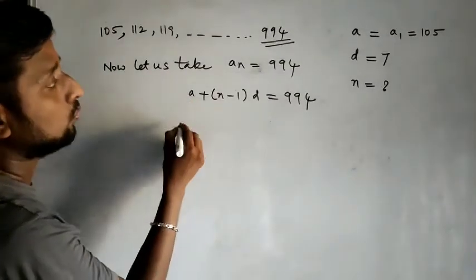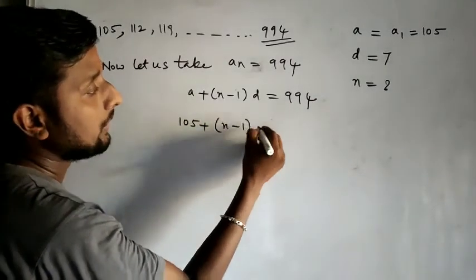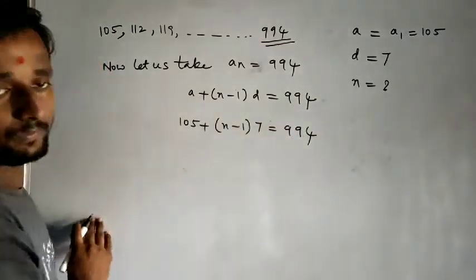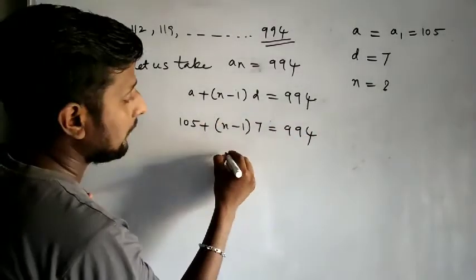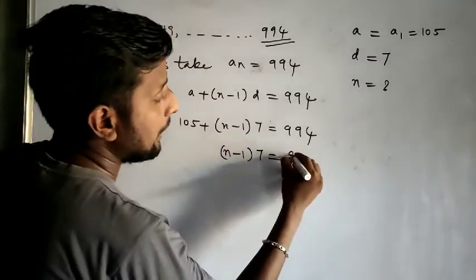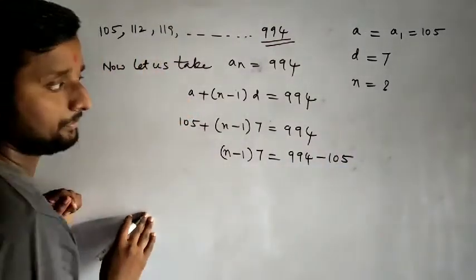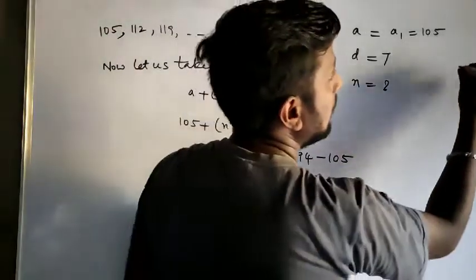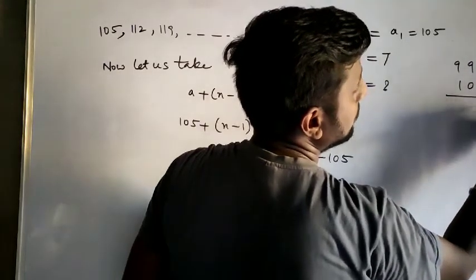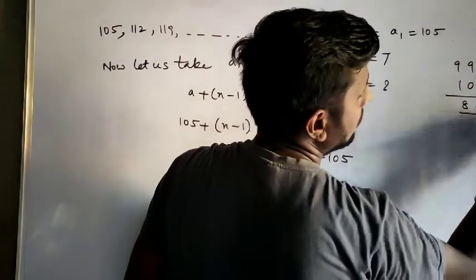The a value is 105, the n value we don't know, and the d value we know is 7. So n minus 1 into 7 equals 994 minus 105, which is 889.